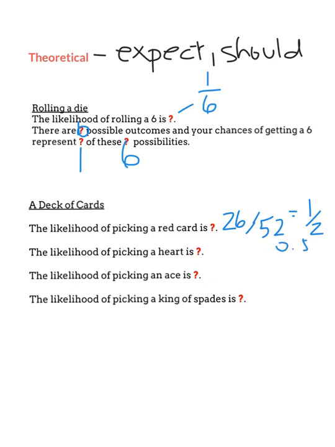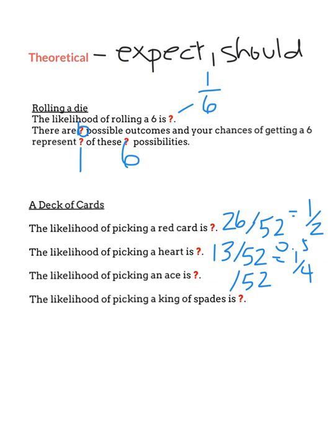You get the gist. The likelihood of picking a heart: out of my 52 cards, picking a heart could occur 13 out of 52 times, or 1/4, or 0.25, or 25%, because I have 4 different suits that make up my deck, and they're all evenly split, 13 cards in each suit. The likelihood of picking an ace. Again, my denominator stays 52 because I'm picking out of all 52 cards.